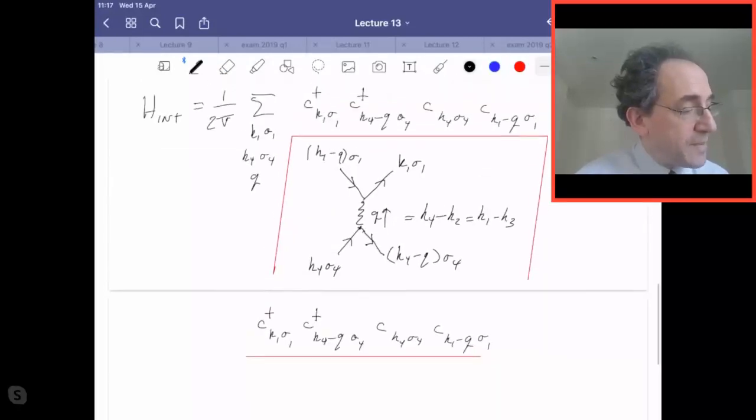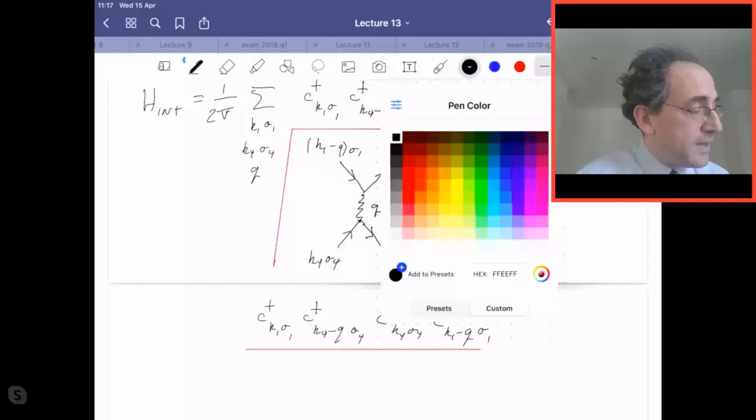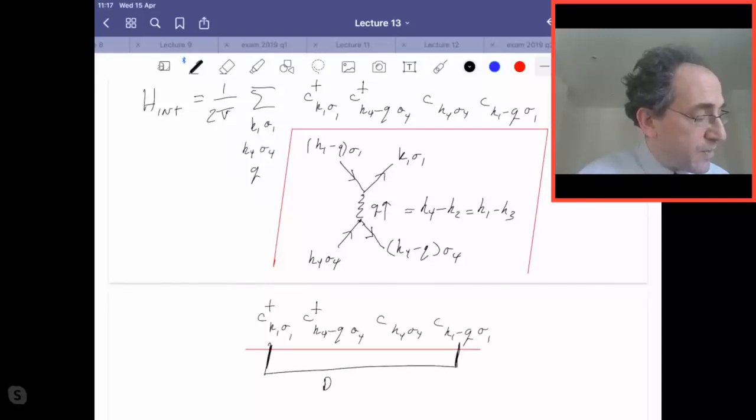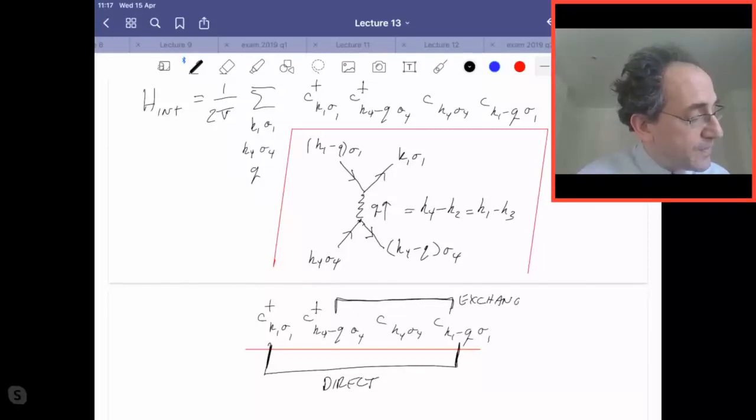So here are my 4 fermion operators, and I have a choice of which 2 I want to average and which 2 I want to leave unaveraged. If I average this one with this one, that gives me a direct term or a Hartree term. And if I average this one with this one, that will give me an exchange term or a Fock term.